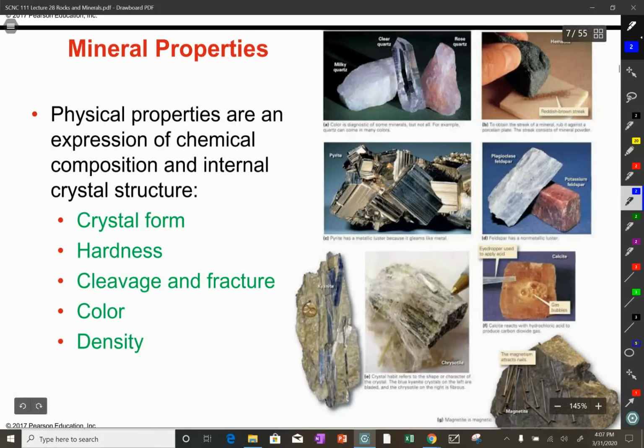Hardness is, well, I mean, it's hard, but let's just be honest about that. Cleavage and fracture. Cleavage is if you hit it, it breaks on certain surfaces.